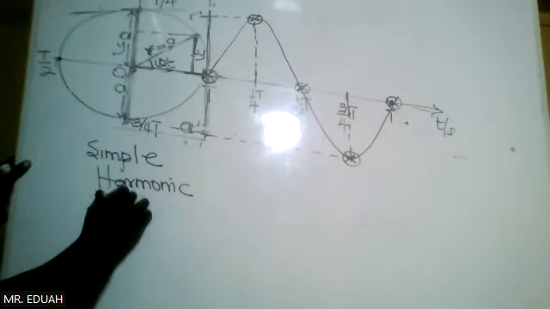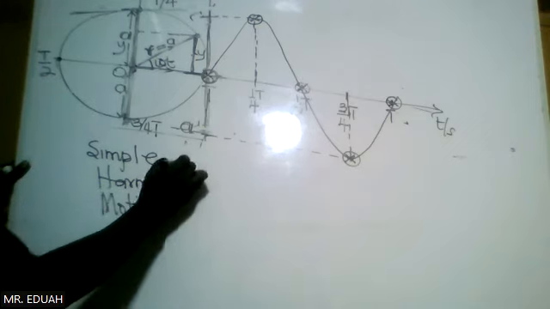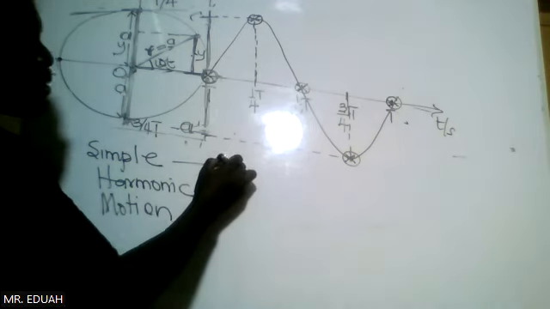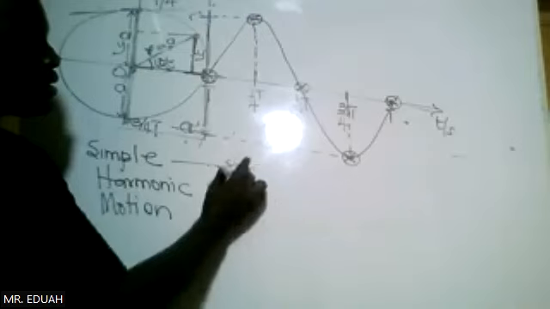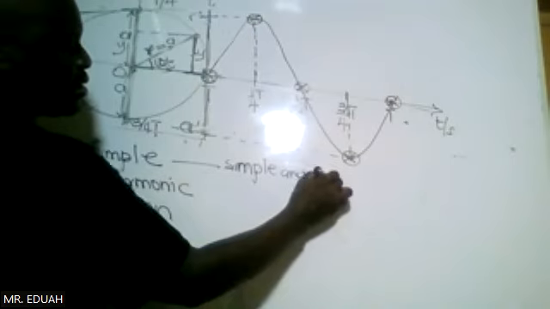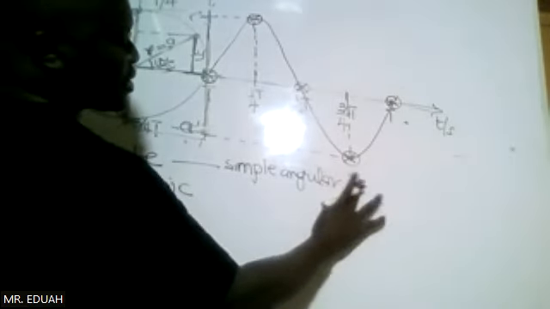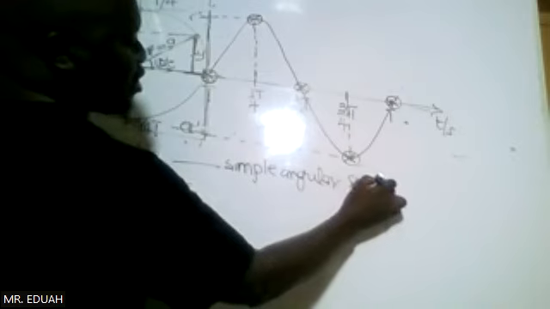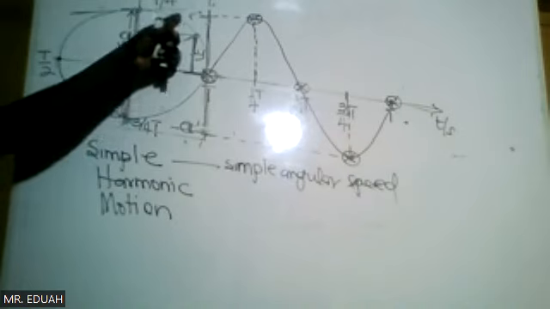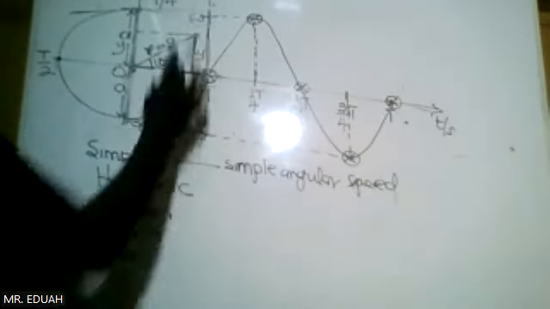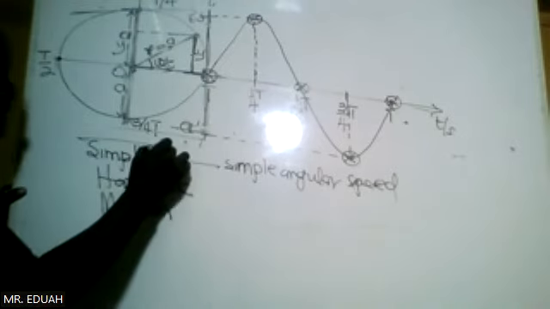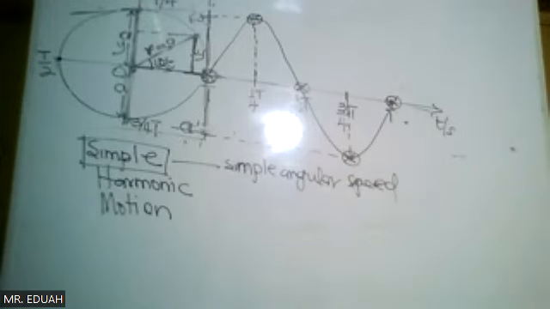The word simple means this motion occurs at a simple or constant angular speed or angular velocity. I told you that every oscillating body moves at a constant angular velocity, omega. So that is what simple describes.